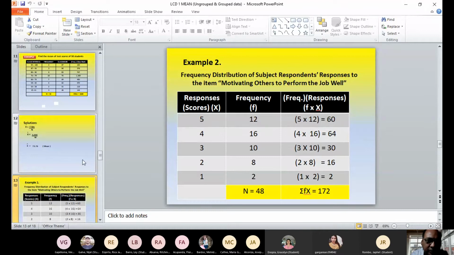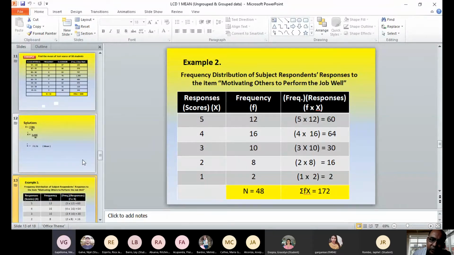Now, this one is the example of your instrument. Meaning to say, the responses in your instrument is a Likert, meaning in numerical value from 5, 4, 3, 2, 1. 5 is the highest, 1 is the lowest.